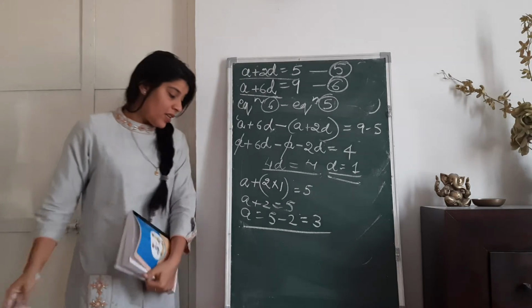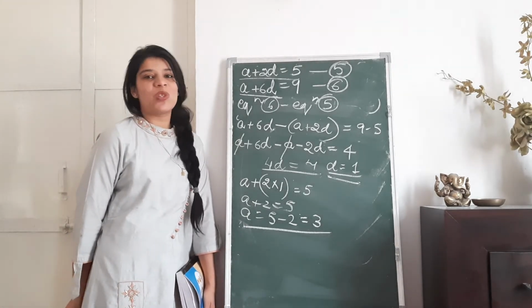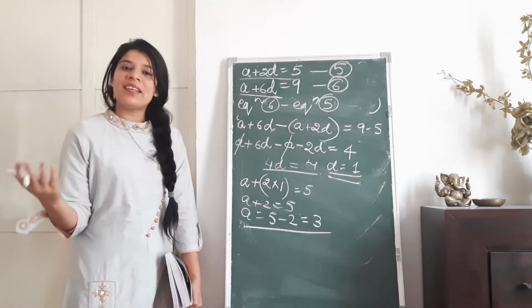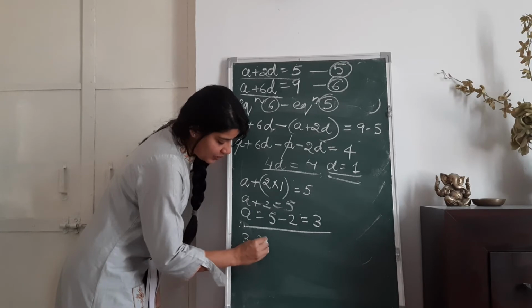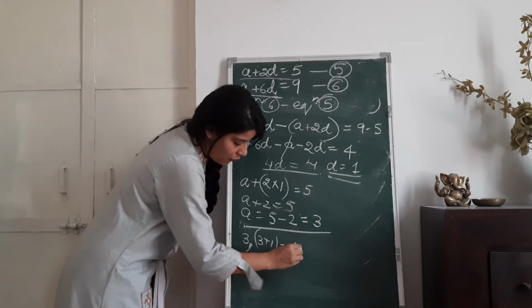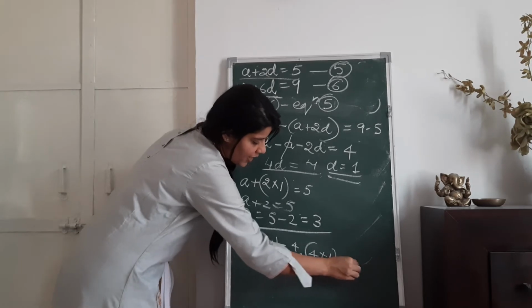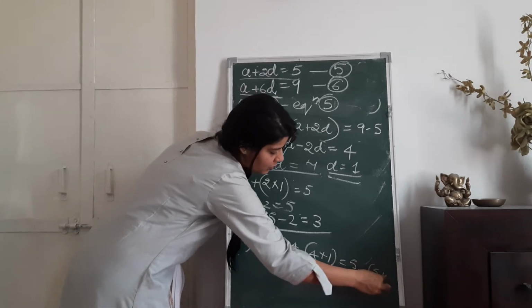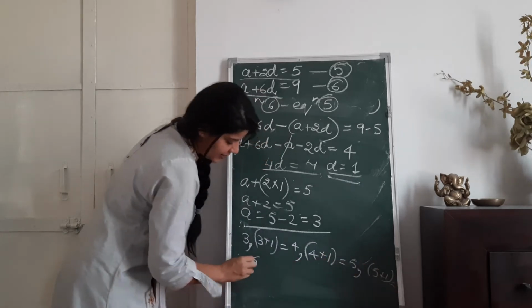Now if you have A equal to 3 and common difference equal to 1, then what is going to be the series of that AP? 3, comma, 3 plus 1, which is 4, comma, 4 plus 1, which is 5, comma, 5 plus 1, which is 6.